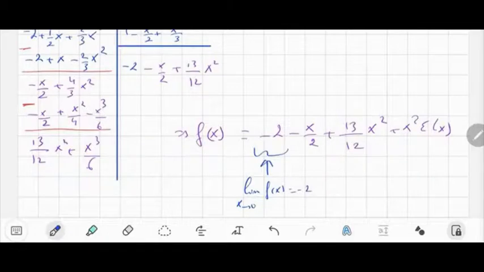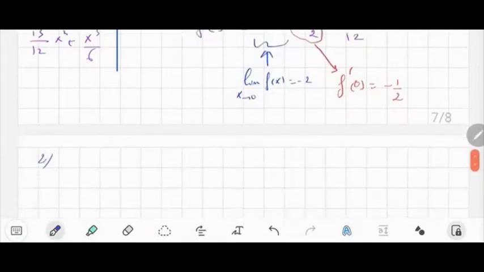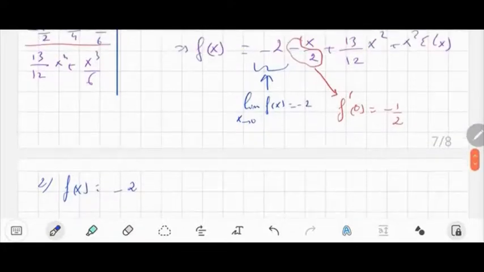And what's in here, this is the derivative of f at the point 0, so it's equal to minus half. And then for the second question, since f of x is equal to minus 2 minus x over 2 plus 13 over 12 x squared plus x squared epsilon of x, then we can conclude the equation of the tangent.